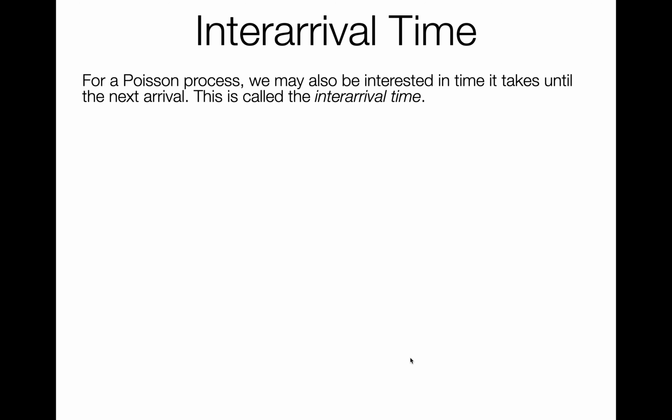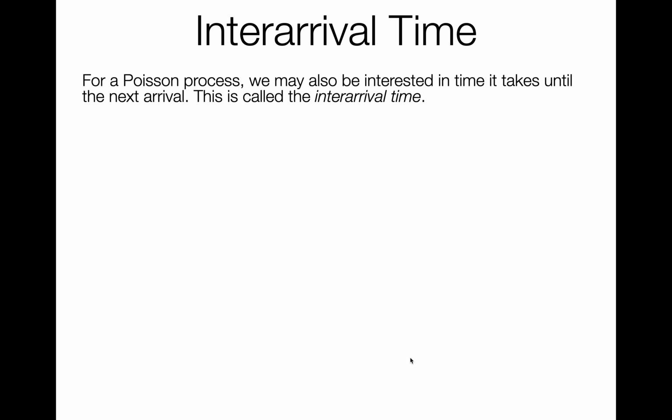Sometimes when we have a Poisson process, before, what we were interested in were counting the number of occurrences that occurred or the probability that so many occurrences occurred during a given time interval. But we could also be interested in the time it takes until the next arrival or the next count or the next whatever for our Poisson process.